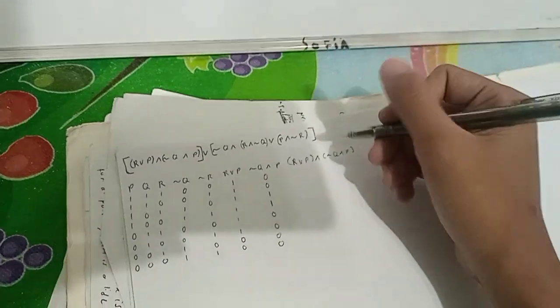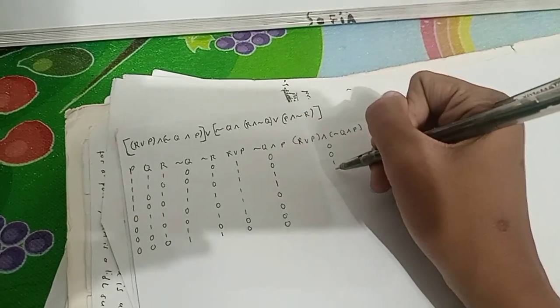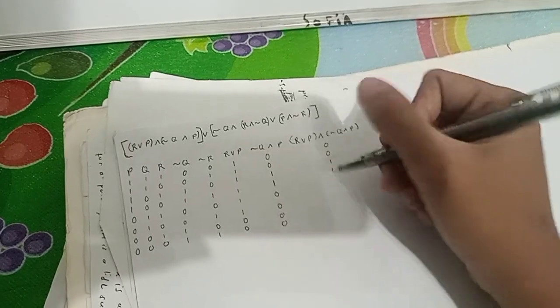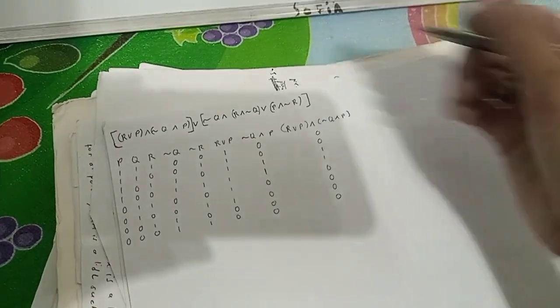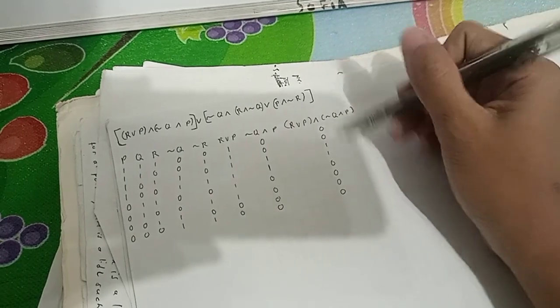So it would be 0, 0, and 1. The rest is 0 since they don't have a 1 and 1 combination. Okay, so in this first part, the answer is this.